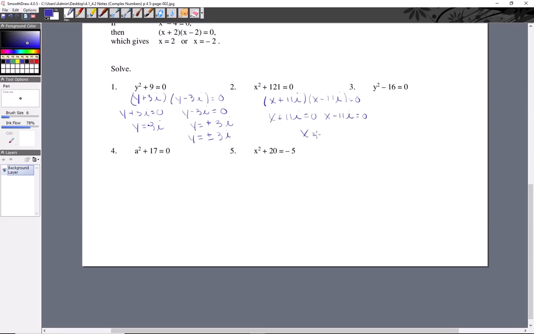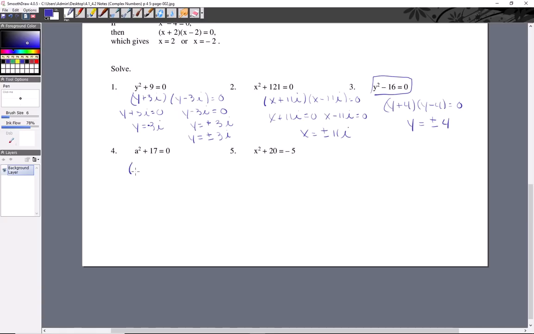So x is plus or minus 11i. And so it goes. Now this one here is a little bit more standard. y plus 4 times y minus 4 equals 0. There's no imaginary portion of this, so y is plus or minus 4.